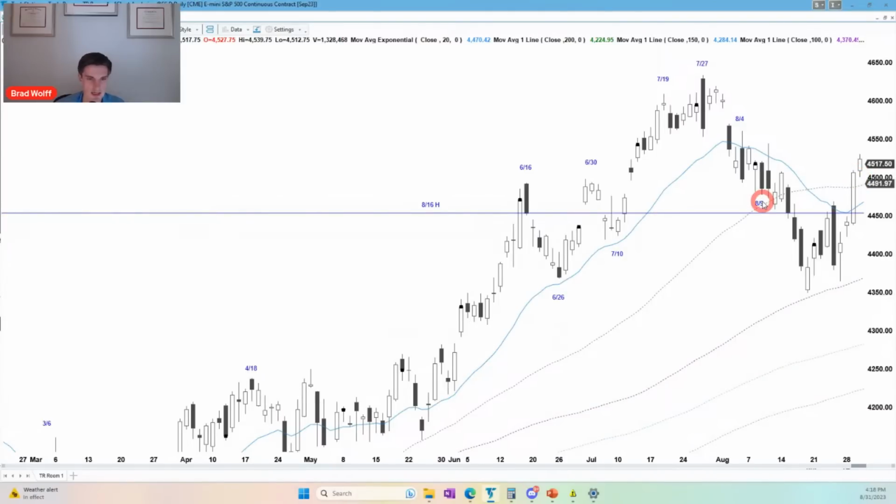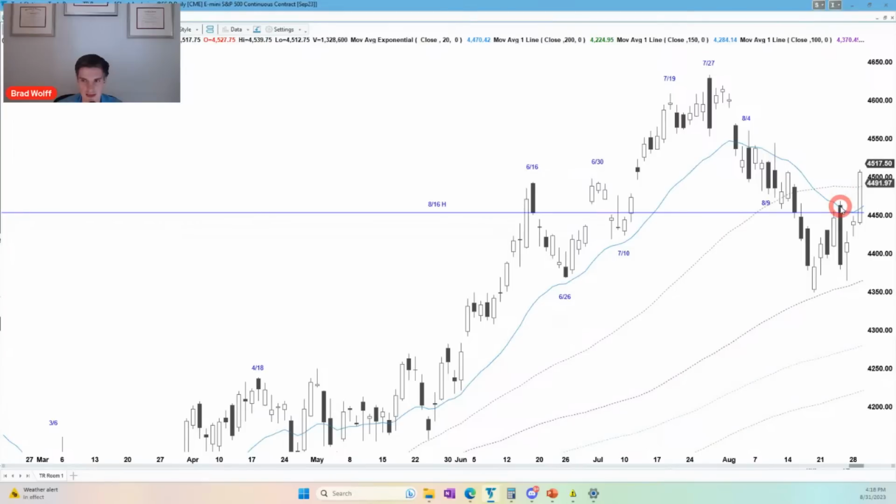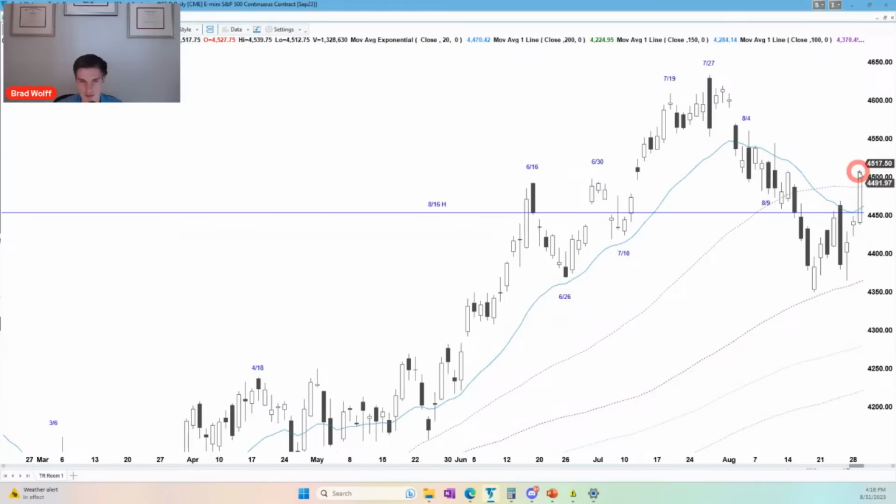It's forcing you to buy right in the middle of the trading range, and it's a possible second leg up. First leg up to here, which is August the 24th, this big outside down bar. We pulled back to August the 25th, and then we got a second leg up right here.